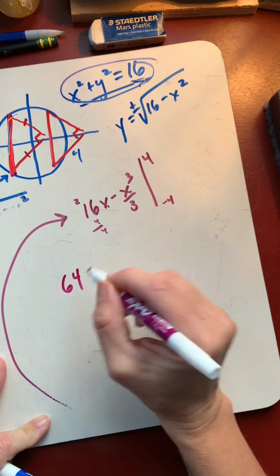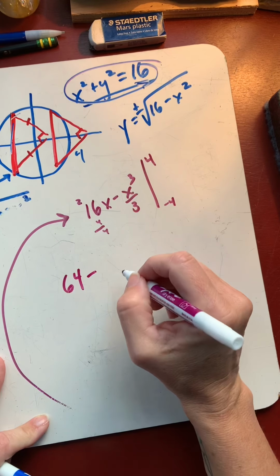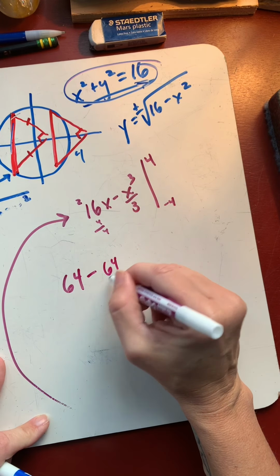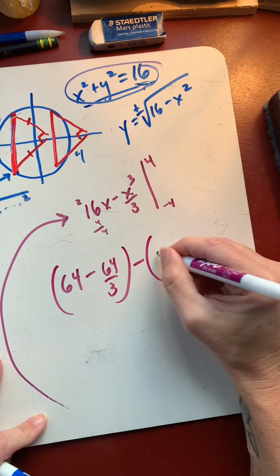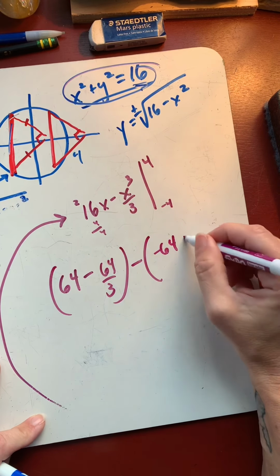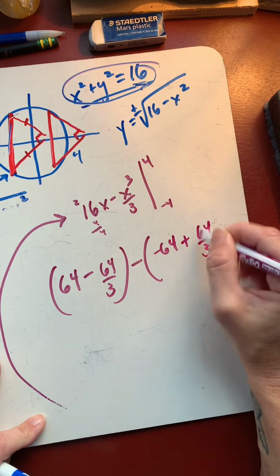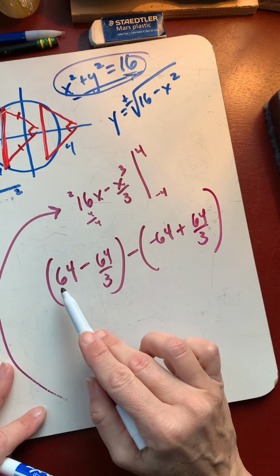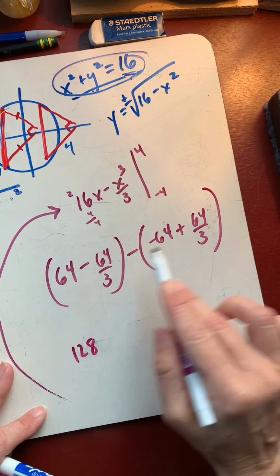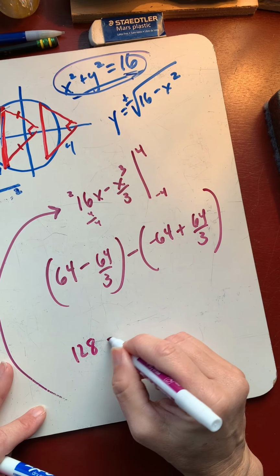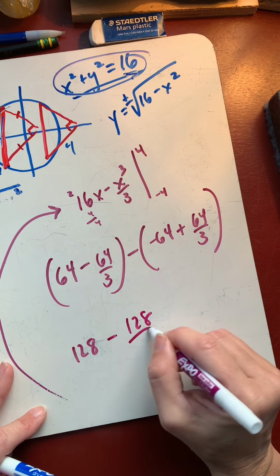Wow, I don't even know where my brain just went. Okay, 64 minus plug in 4. 4 to the third is 64 thirds. Plug in -4. This looks a lot like what I did yesterday. So 64 plus 64 is 128. So minus 128 thirds.